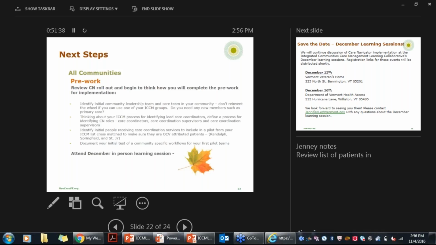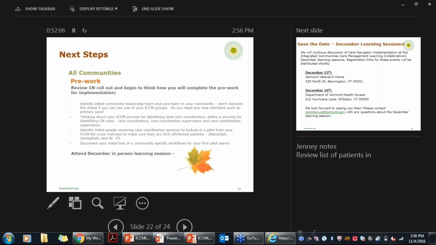Identifying initial people who will receive care coordination services to include in the pilot from your list. So we have in there Randolph, Springfield, and St. J. Right now, you don't have patients in Care Navigator, so we'll need to work with you to look at when those patients come into Care Navigator.